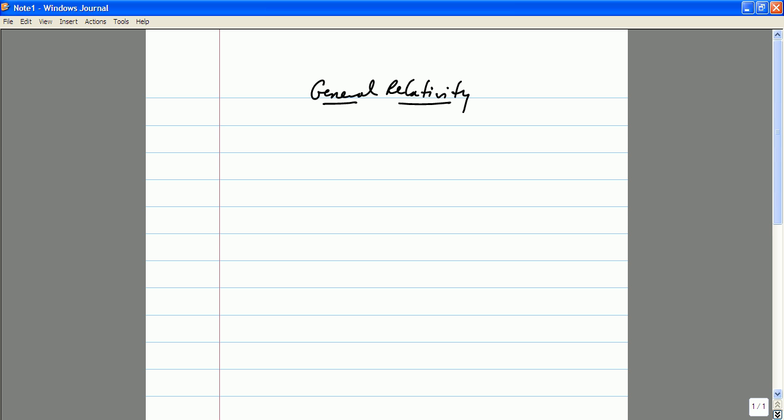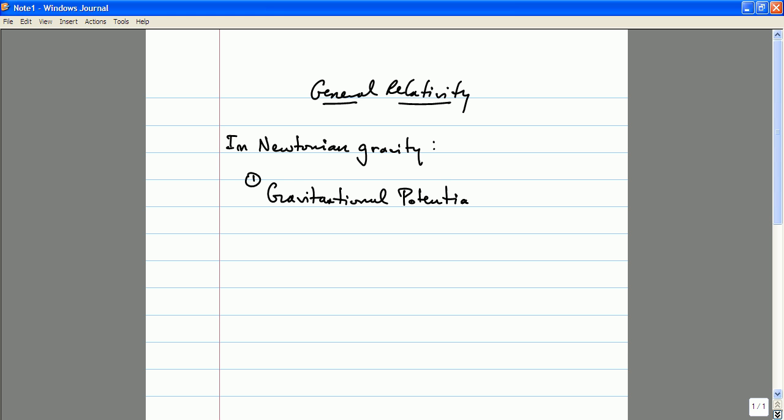So let me remind you of where we left off last class. So in Newtonian gravity, the theory consists really of two related but distinct statements. The first is that there is a gravitational potential phi, which is determined by solving some equation of motion.